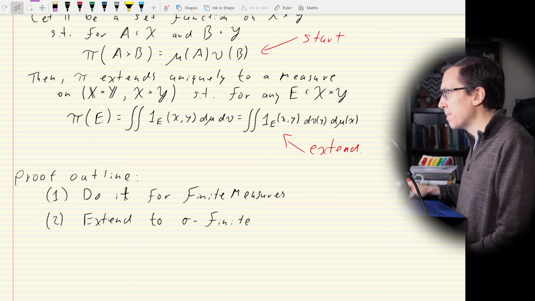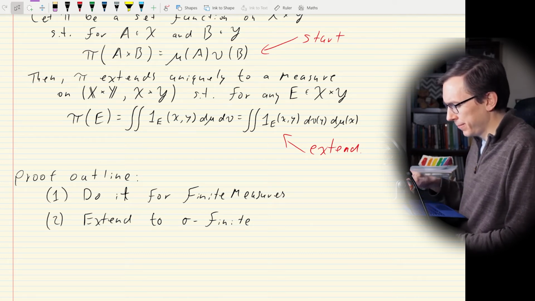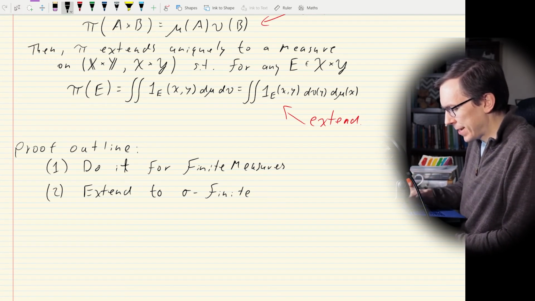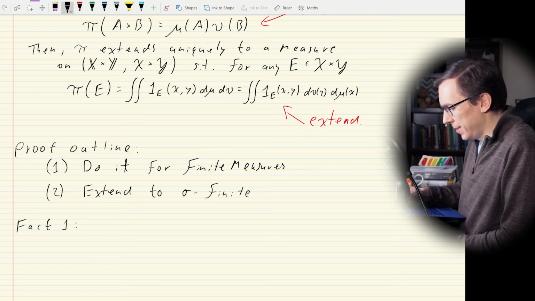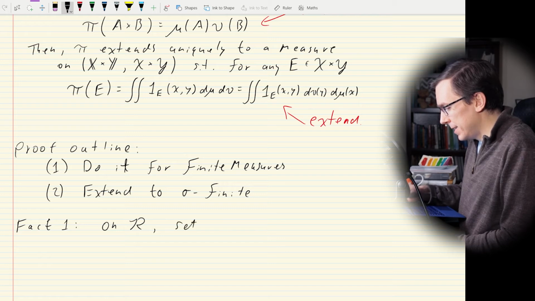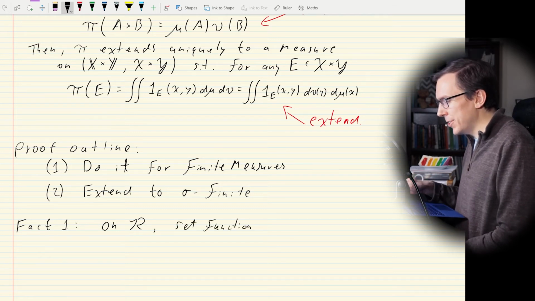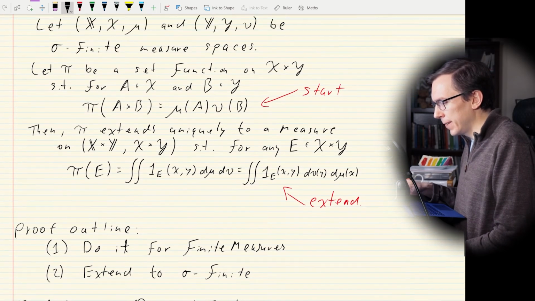Okay, so what can we do? Well, we'll say fact 1, which is on R, the space of rectangles, set function... Yeah, I think I should have defined it more like that.